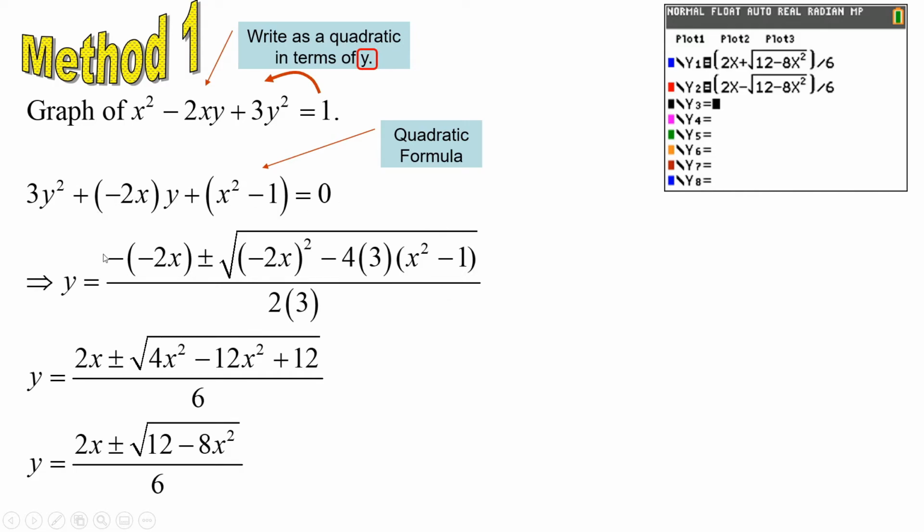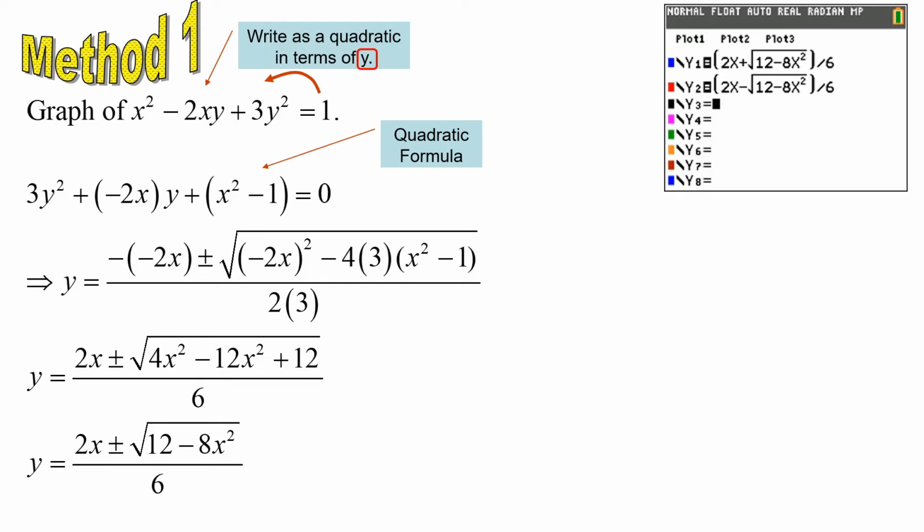Right? It could be done, but I'm less likely to make a mistake on my calculator if I simplify first. All right, now we got to think, okay? What's this ellipse look like? Well, it's going to be centered at the origin, and it's going to have a direction angle of pi over 8. So what's my x and y window going to look like to get a really good picture of this?